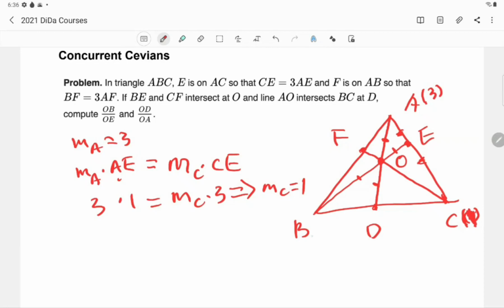For the same reason, B is also 1, because AF is just 1/3 of BF. So as a result, what's the mass of O?